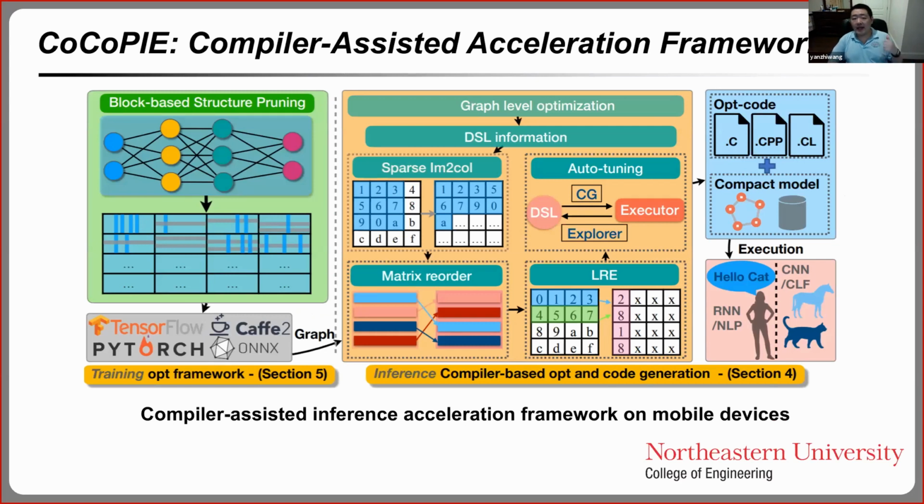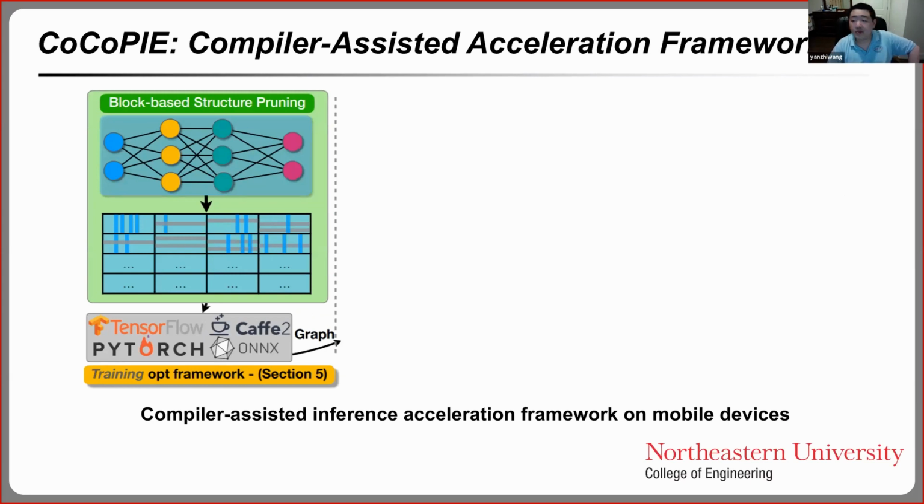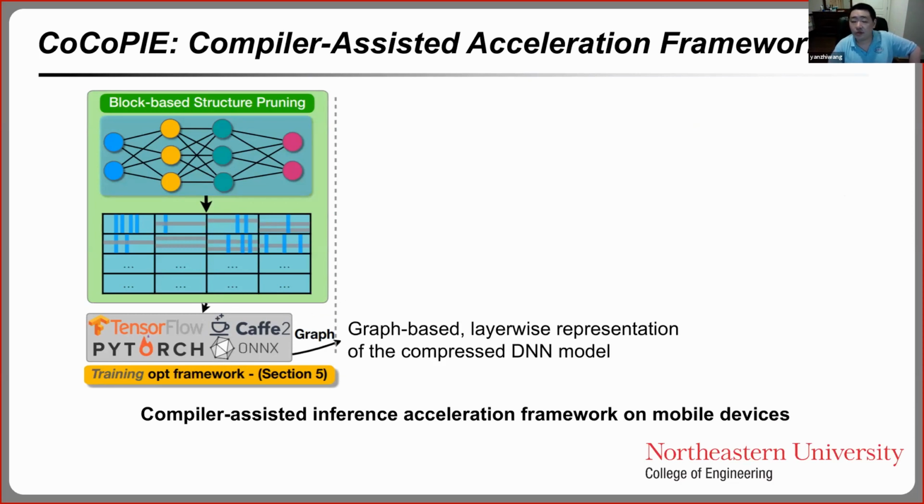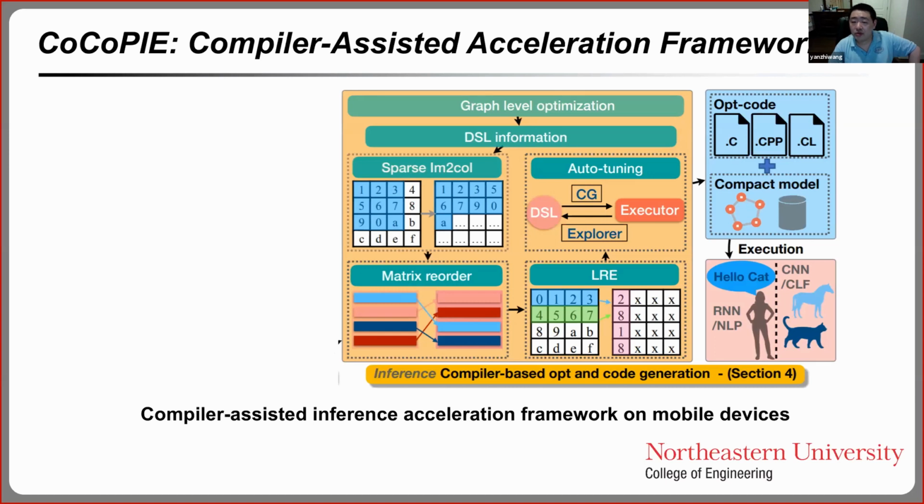So in our compiler-assisted acceleration framework, we are using a very standard and comprehensive compilation design. Here, from the training, we get a sparse neural network. Of course, we're the first to support sparsity in the compiler design. We get a graph-based, layer-wise representation of the compressed model. From this compressed model, we go to the next step, which is sparse model auto-tuning and reordering, a core compilation technique.